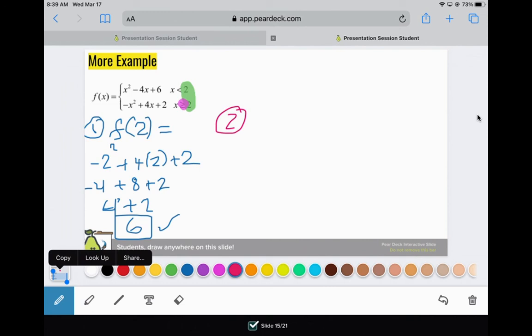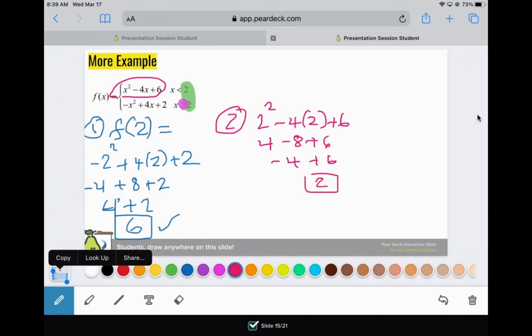So step 2, I'm going to test out the limit. I'm going to check the top one as well. So 2 squared minus 4 times 2 plus 6. So let's see. 4 minus 8 plus 6. This gives me 2. So the top function is 2.